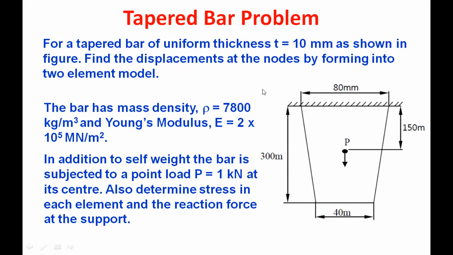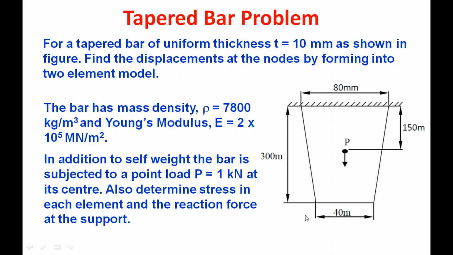We are going to solve this taper bar problem by using one-dimensional line element. In case of line element, we are assuming it is a uniform cross-sectional member. So when we use the line element to solve the problem, we have taken the uniform cross-sectional bar, and the line element solves the problem exactly.